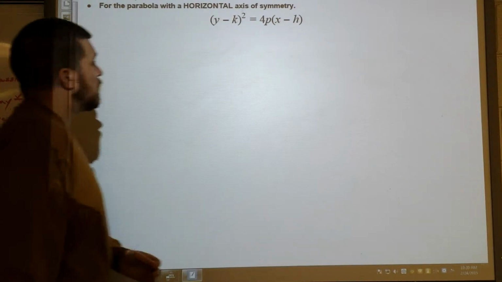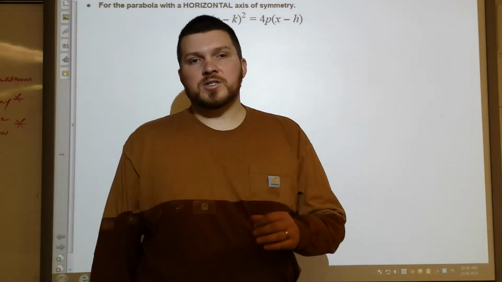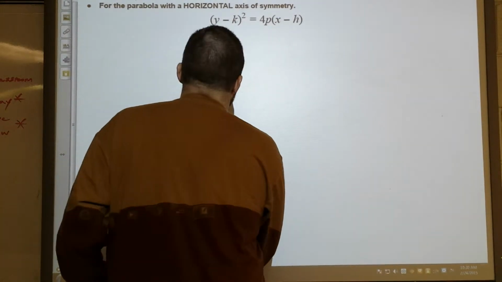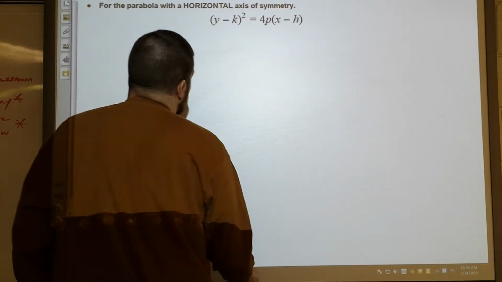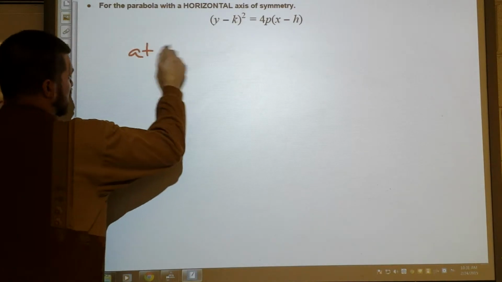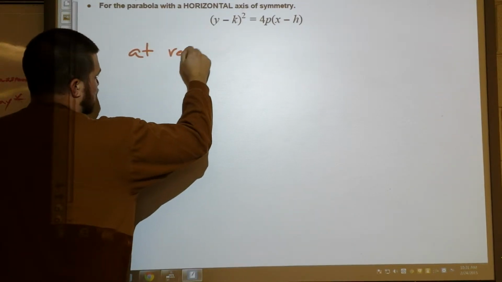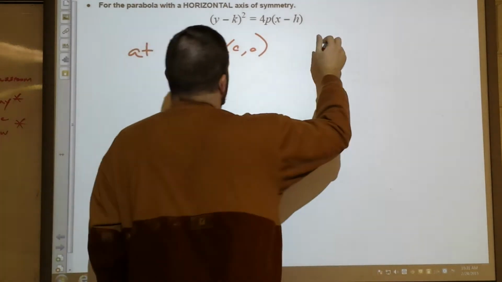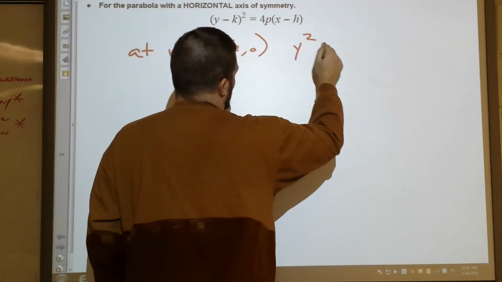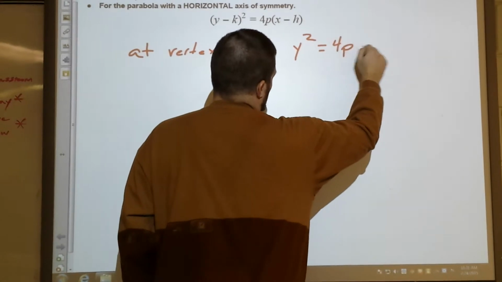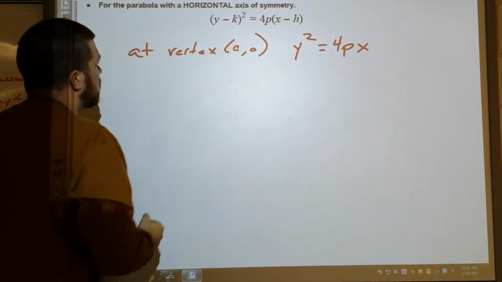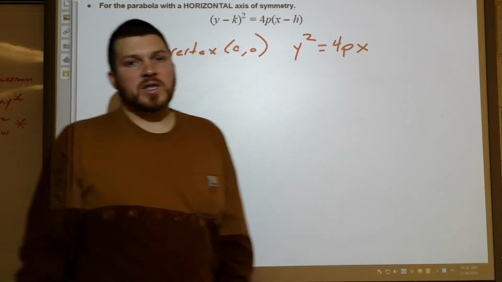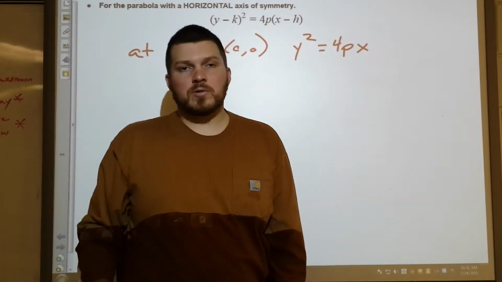So, if you have a parabola with a horizontal axis of symmetry, our equation that we had before, when the vertex was at 0, 0, was y squared equals 4px. Now, we're not at 0, 0. We're at any point h, k for our vertex, anywhere on the graph.